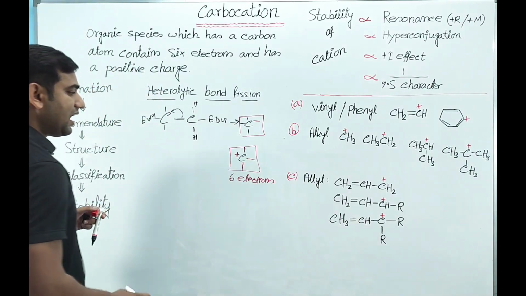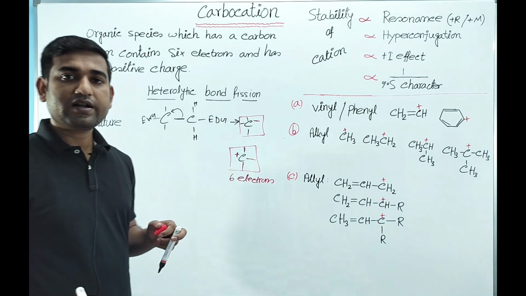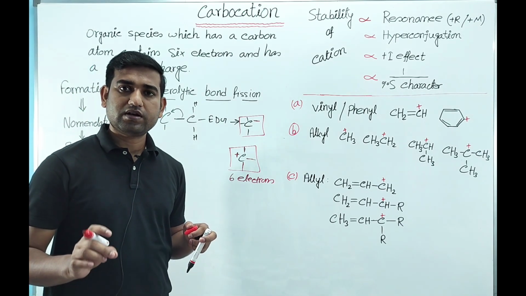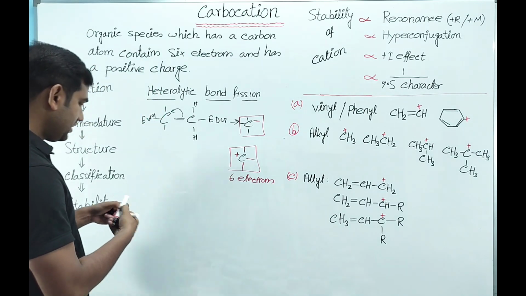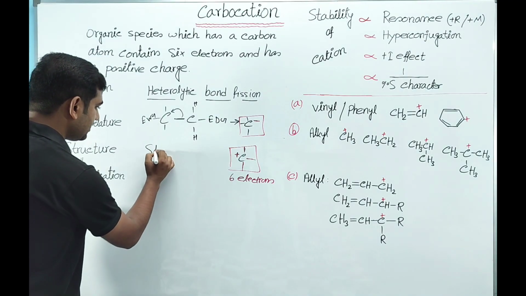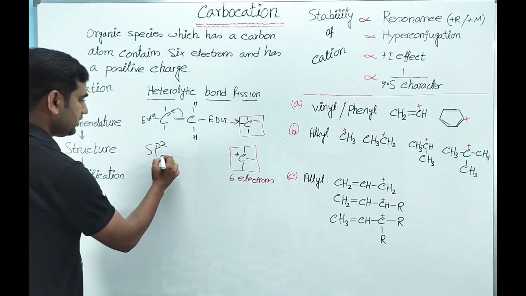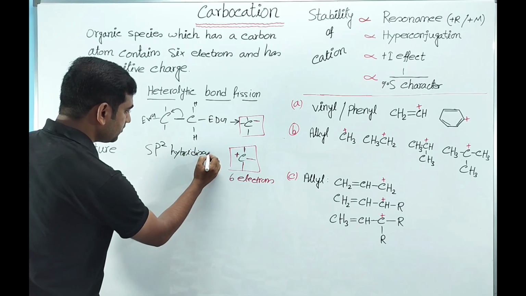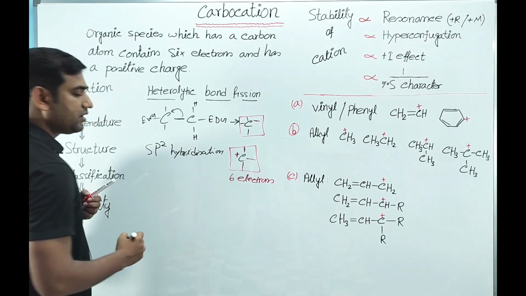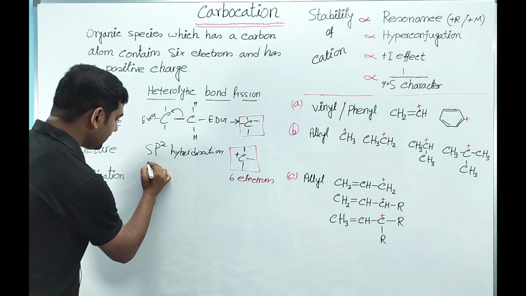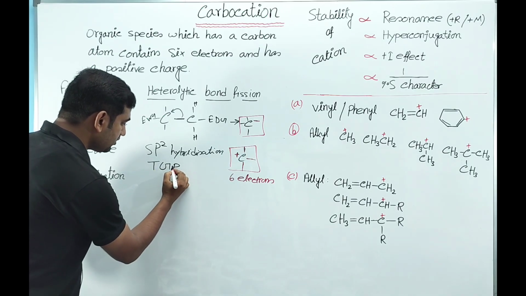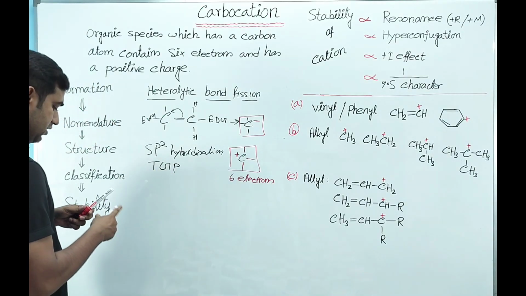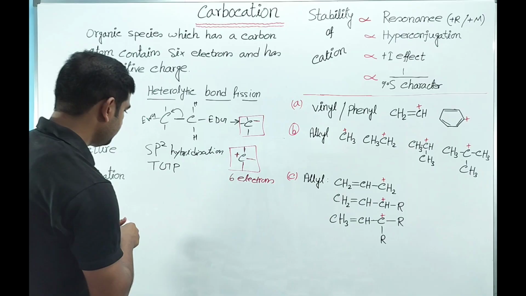So what is the hybridization of carbocation? Generally all carbocations are sp2 hybridized, and the geometry is trigonal planar. So how is the structure?